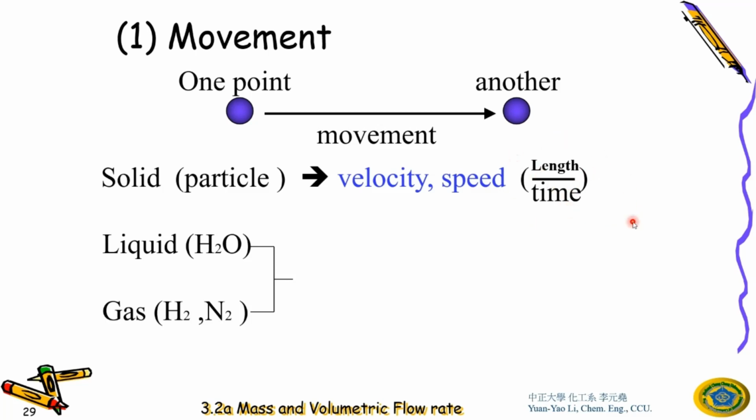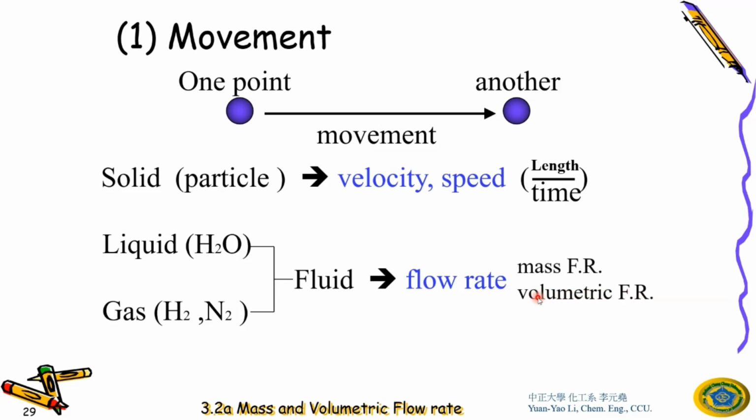So for liquid or gas, we call them fluids, not a particle, a fluid. And to represent this movement, we use flow rate. I hope you remember we learned this flow rate in chapter 2.